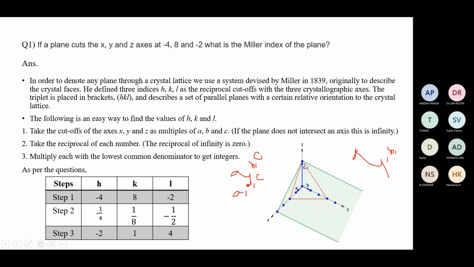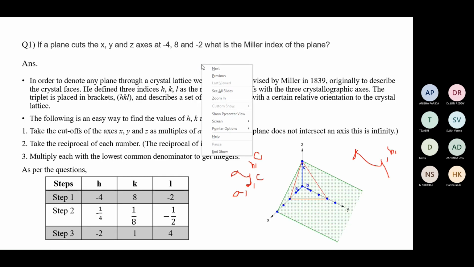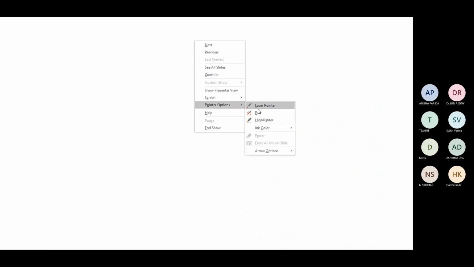Suppose there is a plane which cuts the x, y, and z axis. This is x axis.